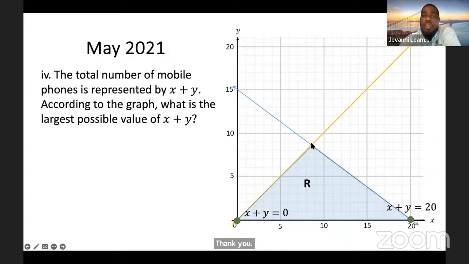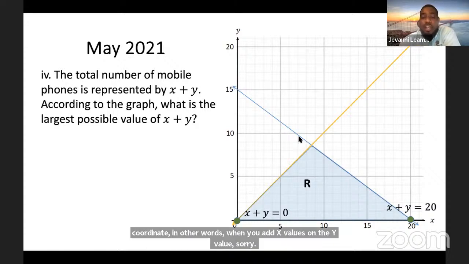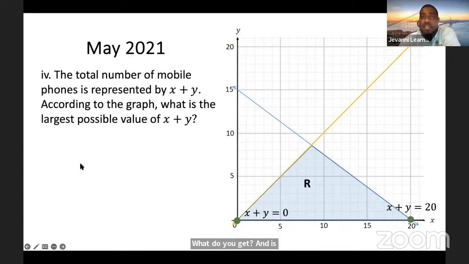For the coordinate over here, when you add the X values and the Y values, what do you get? And is that less than something or greater than something? I'm going to compare it to the 20. Is it less than or greater than the 20? Less than the 20. All right.